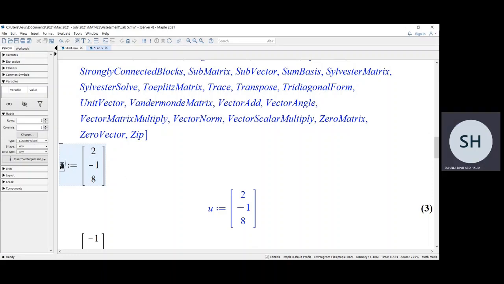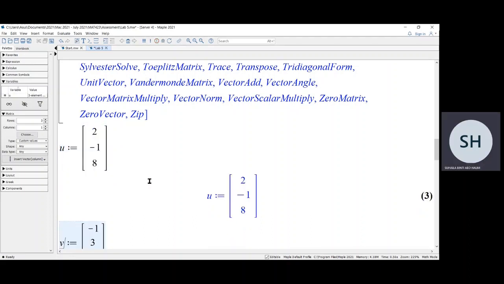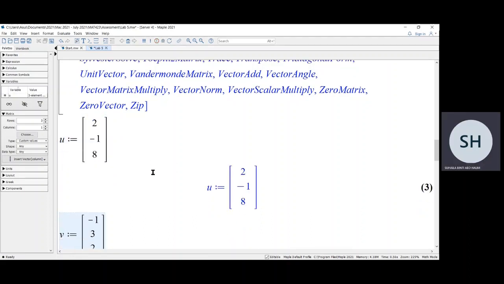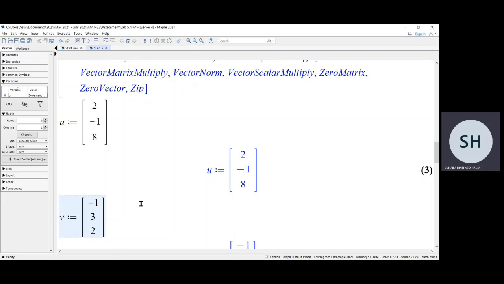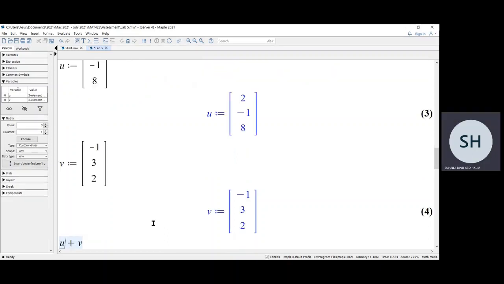You can define any vector in R3. Here we have a vector in R3 because we have 3 components. We have defined our vector U, and second, we need the second vector V. We use the same size, which is 3 rows and 1 column. Then you can do any operation on those two vectors.